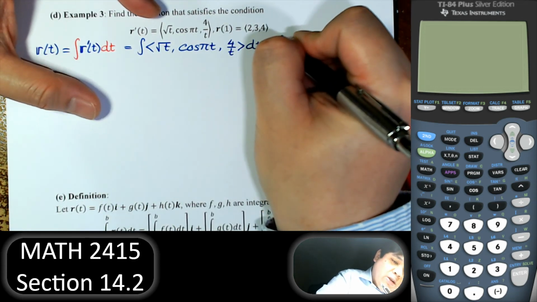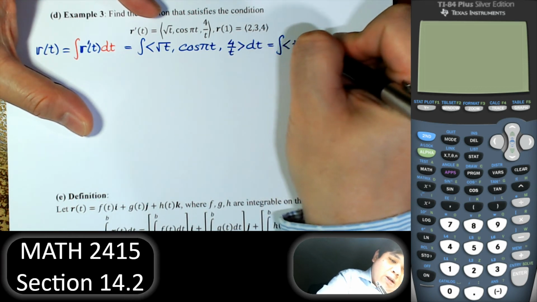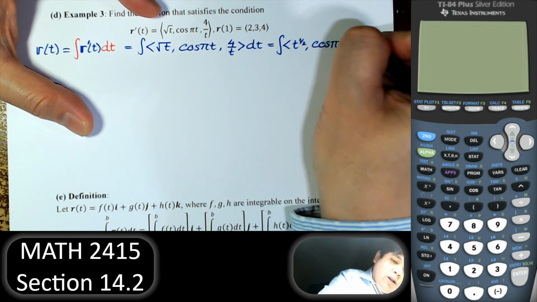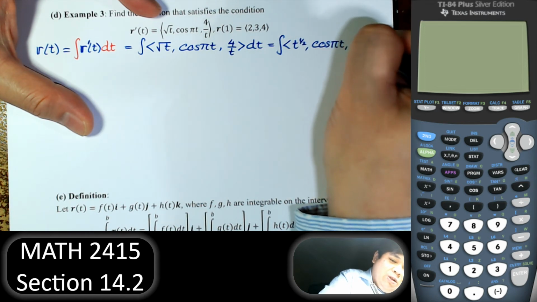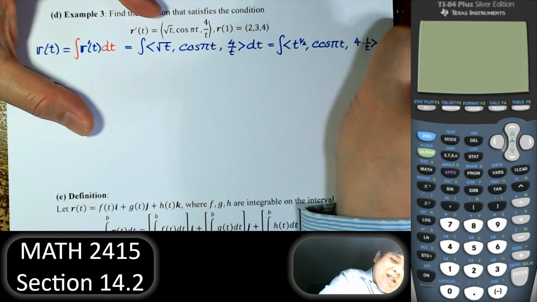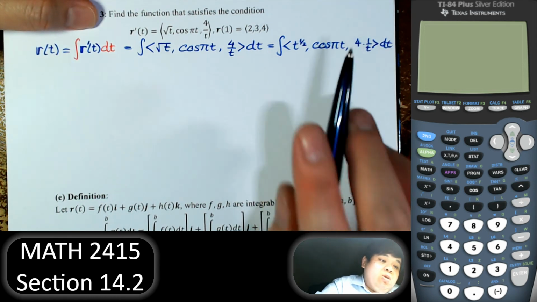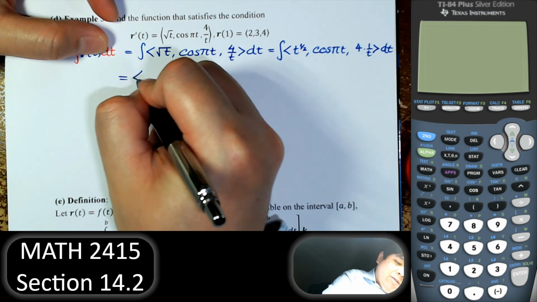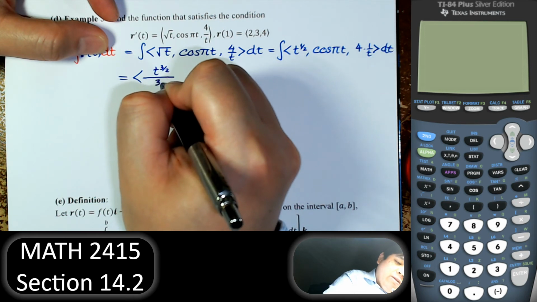So we still have the integral of t to the 1/2, cosine pi t, 4, and then you can say times 1 over t if you want, dt, because the integral of 1 over t is ln of the absolute value of t, so that's fine. Integrating this gives us t to the 3/2 over 3/2.